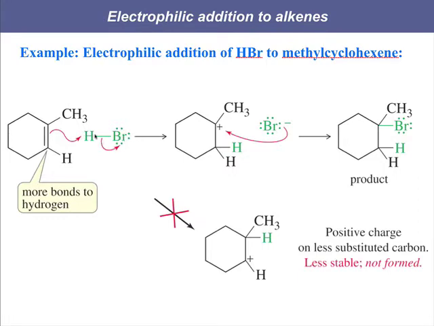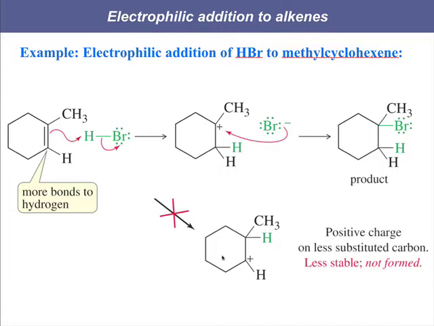Do we put the hydrogen onto the carbon with the methyl and no hydrogens, or do we put the hydrogen onto the carbon with the hydrogen? Well, Markovnikov's rule says that we put the hydrogen onto the carbon with the most hydrogens. That will generate the more substituted intermediate. Notice that this is a tertiary carbocation.